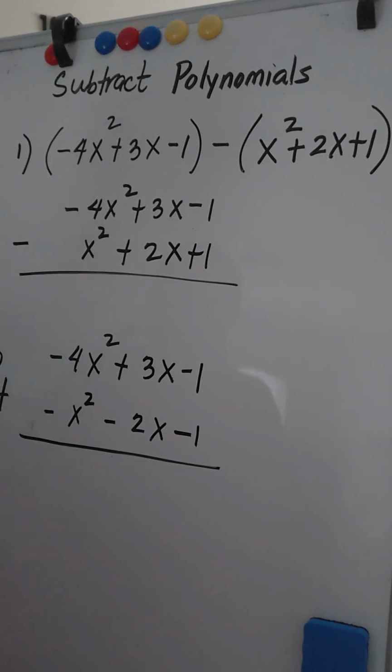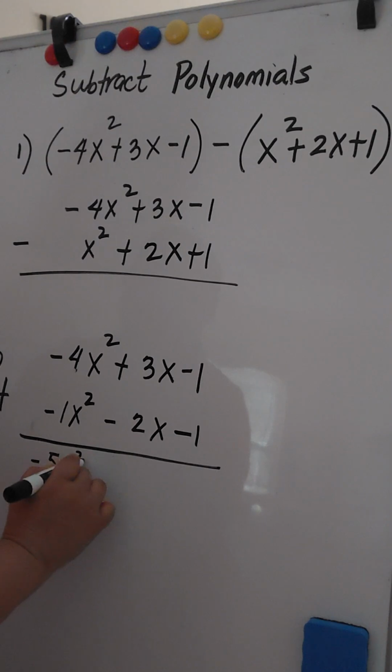And then let's perform. Adding the same sign, add the numbers, and then copy the common variable as well as the exponent. We understand that we have a numerical coefficient 1 in here. We don't need to write it, but it's understood that we have 1. So the common sign is negative: 4 plus 1 is 5, and then copy the common variable and exponent.